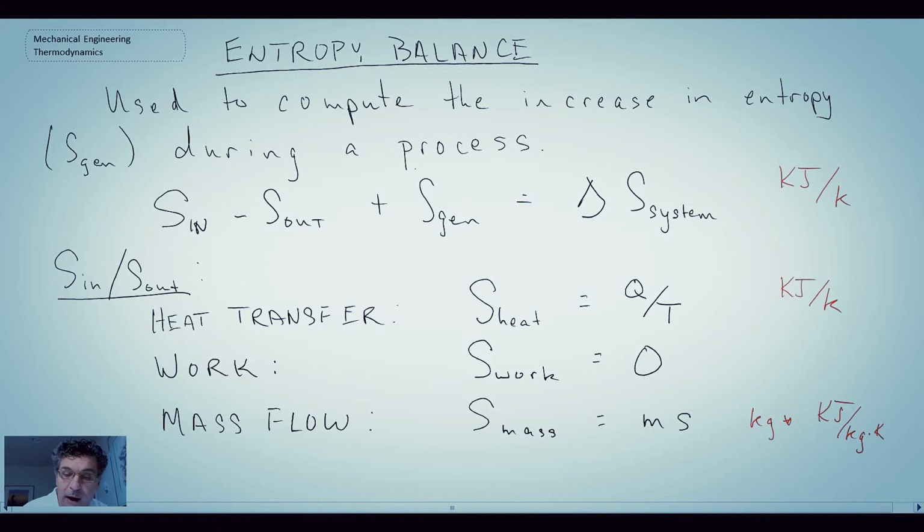What we're going to do now is take a look at the equation for entropy generation, both for a closed system as well as for an open system. So let's look at a closed system, which is also referred to as a fixed mass system.